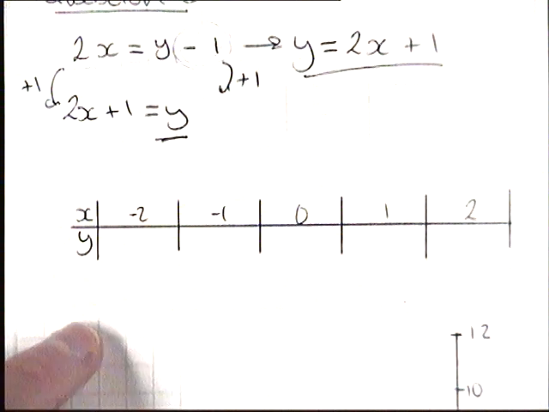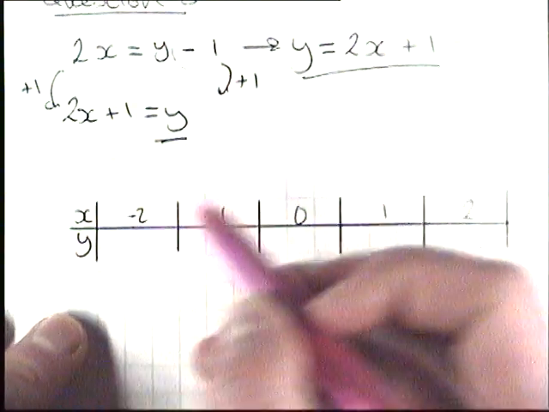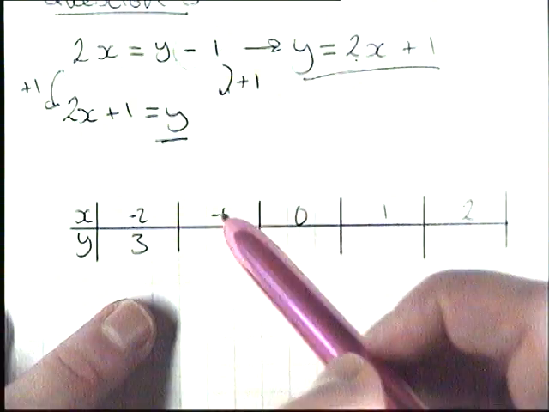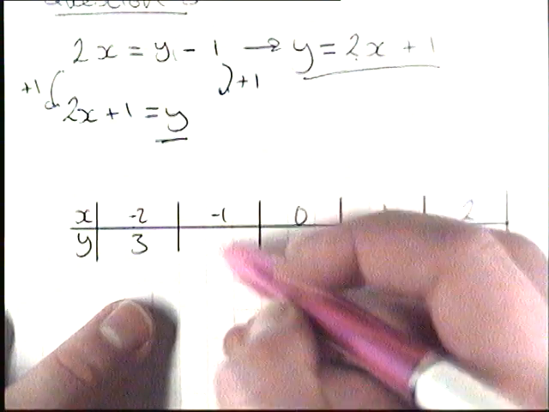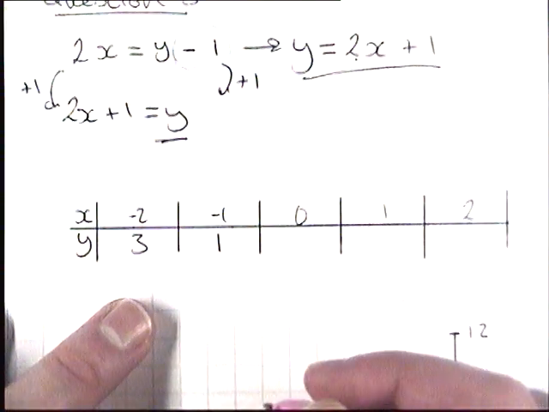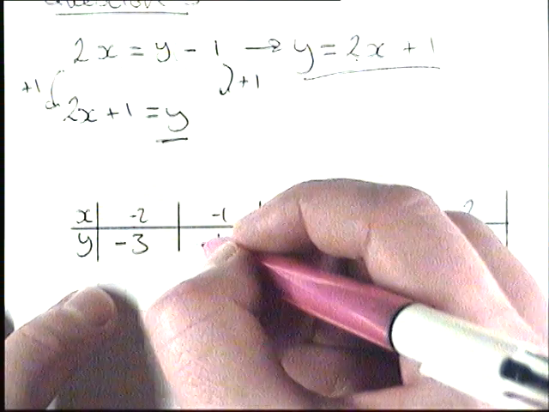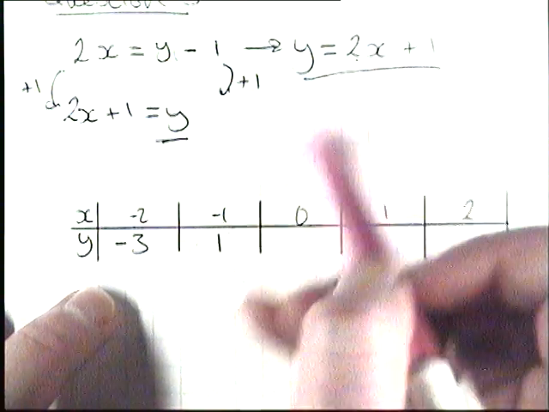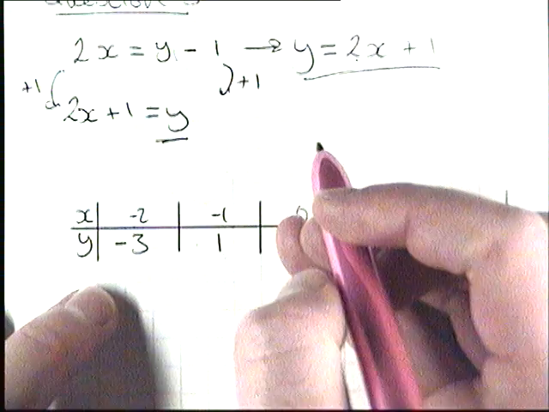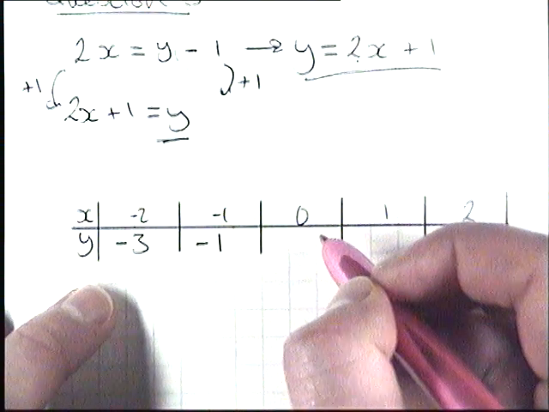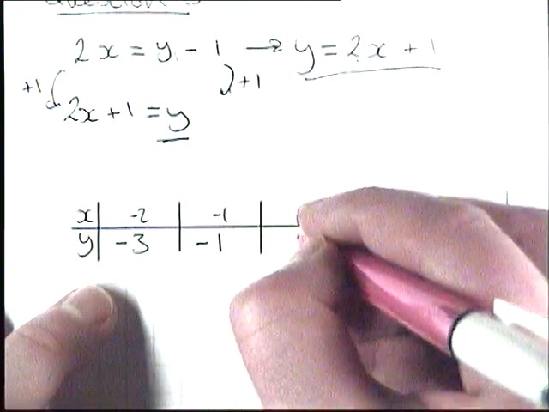So we're then going to substitute those values in. So we've got -2 times 2 is -4, plus 1 is -3. 2 times -1 is -2, plus 1 is -1. 2 times 0 is 0, plus 1 is 1.